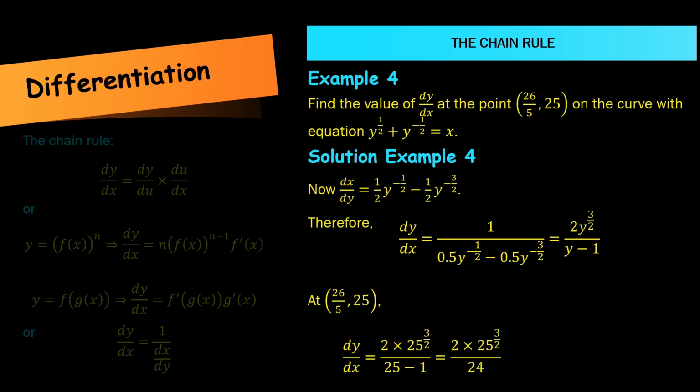And tidying this up gives us a neater numerator. And tidying up some more, we have root 25 to the power 3 divided by 12. Root 25 is of course 5, and this is raised to the power 3.